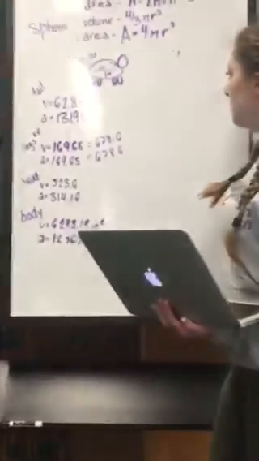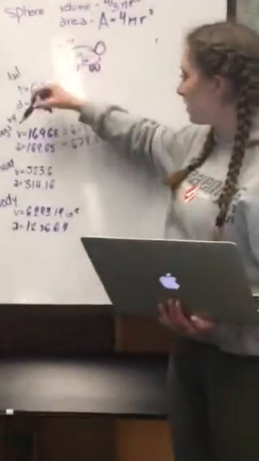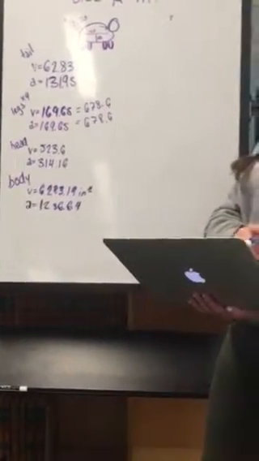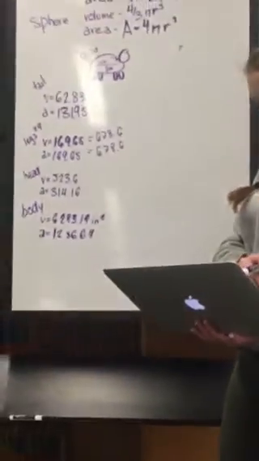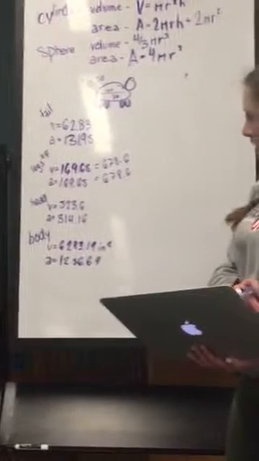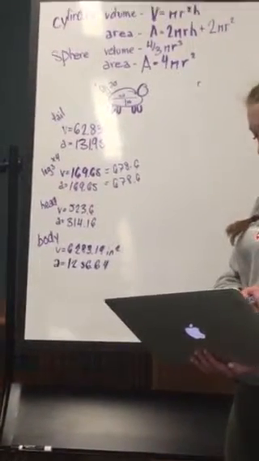Okay, so now we're going to add up the volume first for the tail, legs, head, and body. So the tail is 62.83. The legs is 678.6.